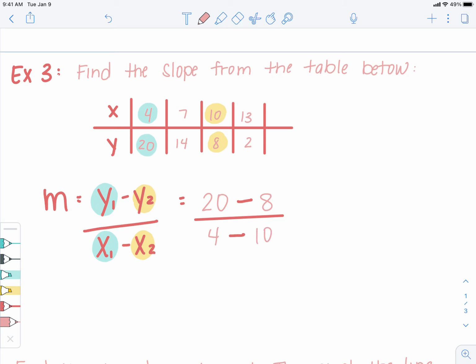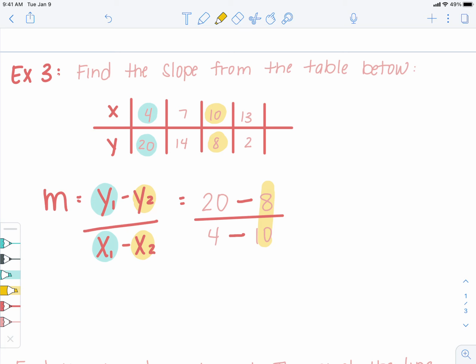Yeah. So I am still okay if I had picked to use the yellow point first. That's okay. I just always need to make sure that I line up my y and my x value. They have to be the same. So whichever point I pick to use first, whatever y value I use first, that x value has to come first.